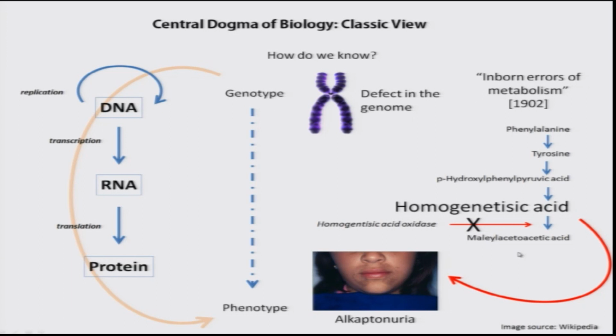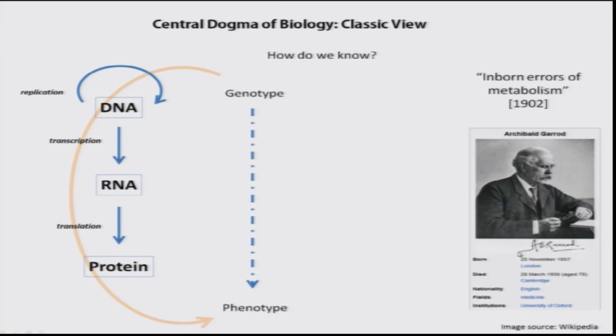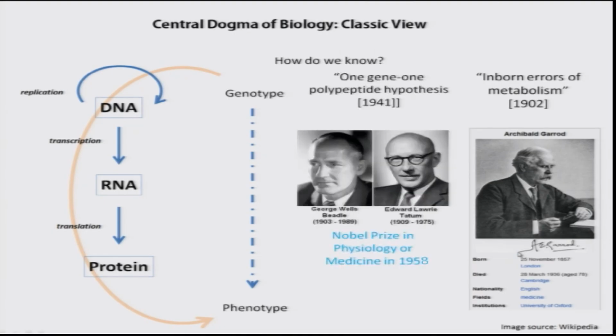So that we came to know much later. In that way, he was really a pioneering scientist who contributed much to the current understanding of the central dogma. But his discoveries were not appreciated. It was probably far ahead of its time.